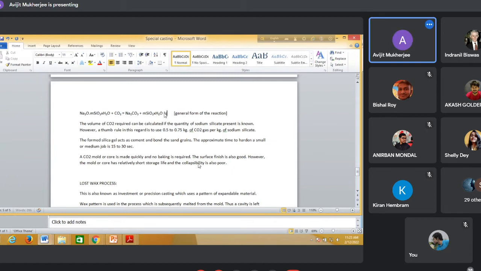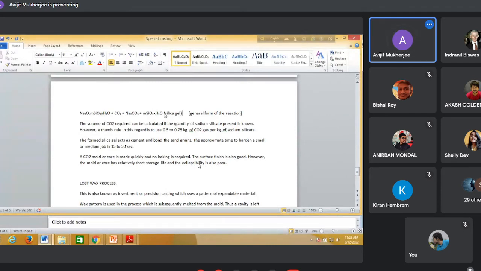Okay, silica, and this silica gel actually is a cement-like substance. So this will act as a binder, and as it is a cement-like substance, the binding ability is very high.